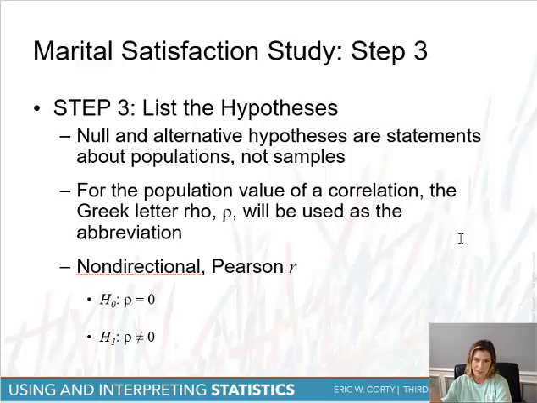I don't know why we do that, honestly, but that's what we do. So our null is saying that rho, the Greek letter rho, is going to equal 0, no relationship. And then H sub 1, there is going to be a relationship. And it's a non-directional test.